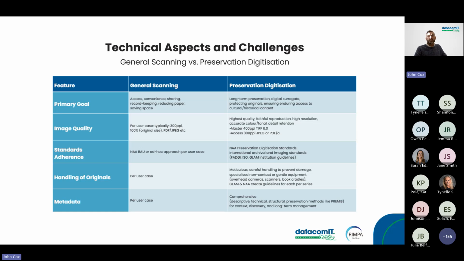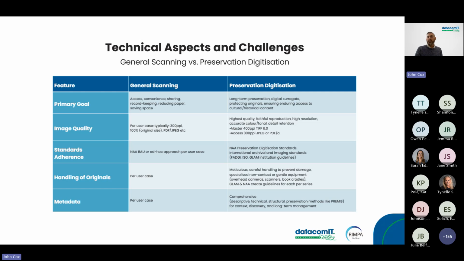FADGI is the international standard, which comes out of the federal government in America. ISO, but also out of the GLAM institutions, so galleries, libraries and museums will often have their own guidelines, and often handling guidelines are done on a series by series basis. That's very similar with the handling guidelines.